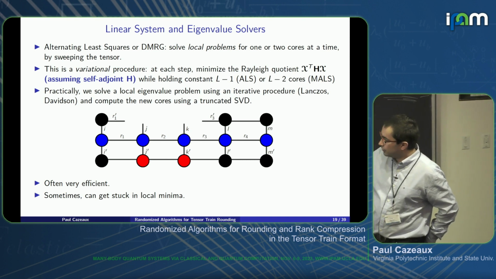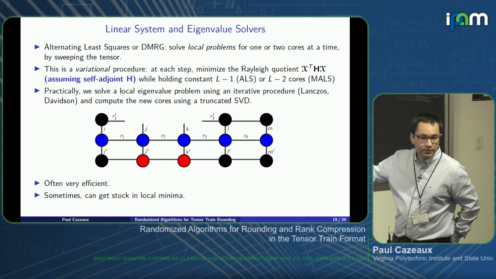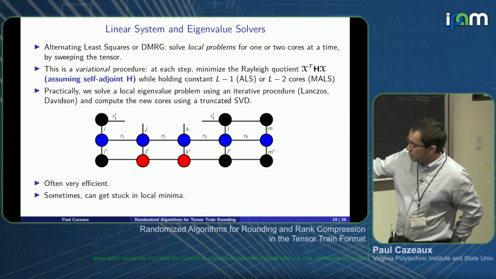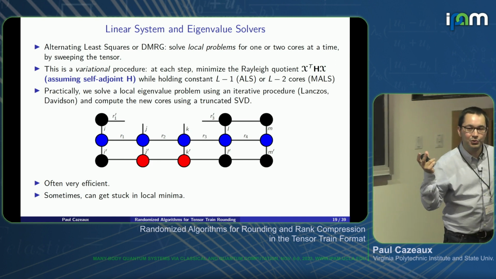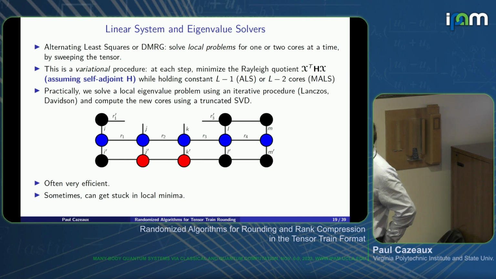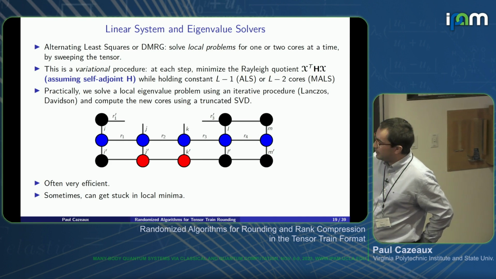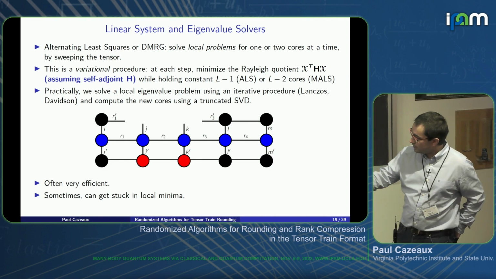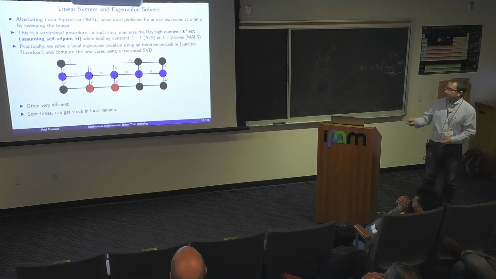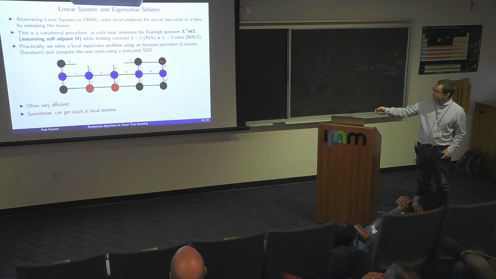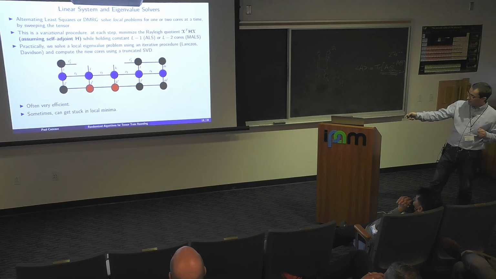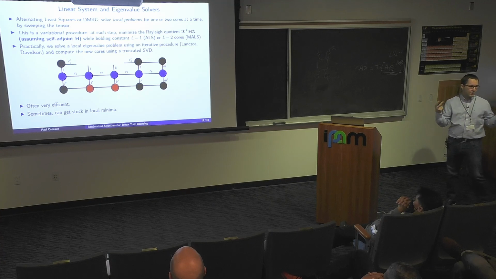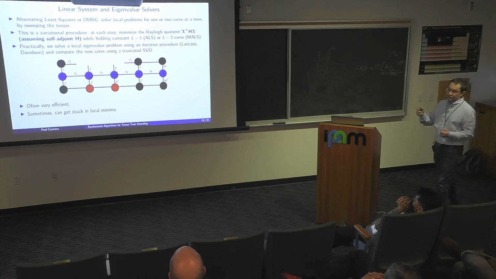And so practically what we do is we sweep the tensor, we freeze a number, so either all but one or all but two of the cores. If I say in this example, I take two of them, everything is frozen, so actually I can compute essentially this looks like a matrix with four indices merged on one side, four indices merged on the other side. It's a large eigenvalue problem. I can solve that using some iterative procedure.